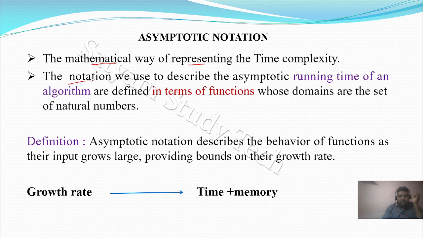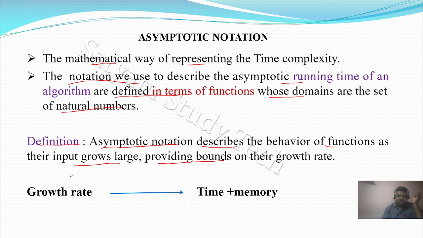The notations we use to describe the asymptotic running time of an algorithm are defined in terms of functions whose domains are the set of natural numbers. So what is the definition of asymptotic notation? Asymptotic notation describes the behavior of a function as its input grows large, providing bounds on its growth rate.